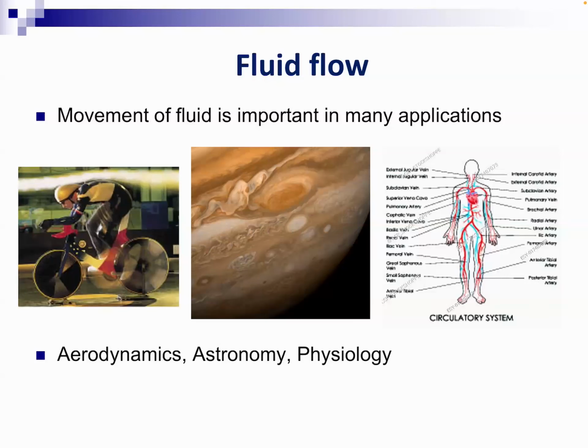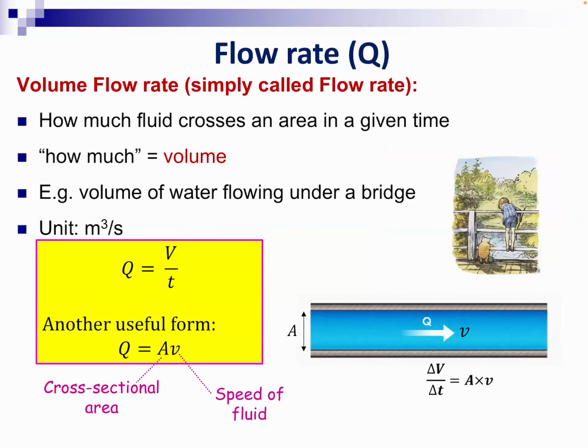So when fluid flows, one of the most important things to know is how much fluid is flowing per unit time, right? We want to know how much fluid crosses an area in any given time, and we can relate this to flow rate.